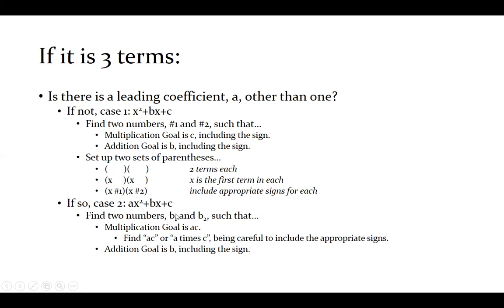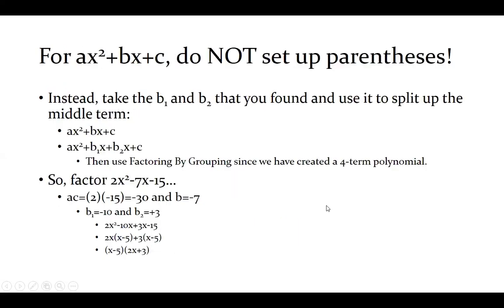That part doesn't change. But the big change is that for ax squared plus bx plus c, where a is not 1, we do not set up parentheses. We don't just take the numbers we found and stick them in parentheses with x's. And that makes this a little more difficult.